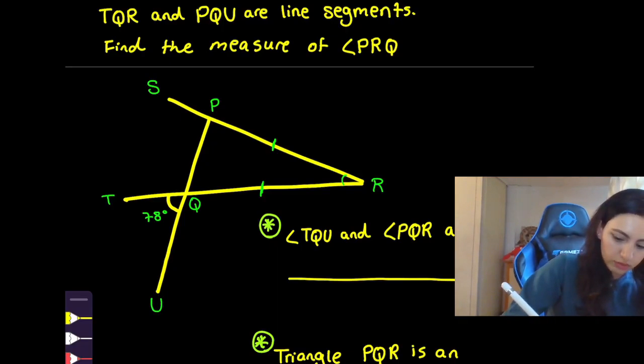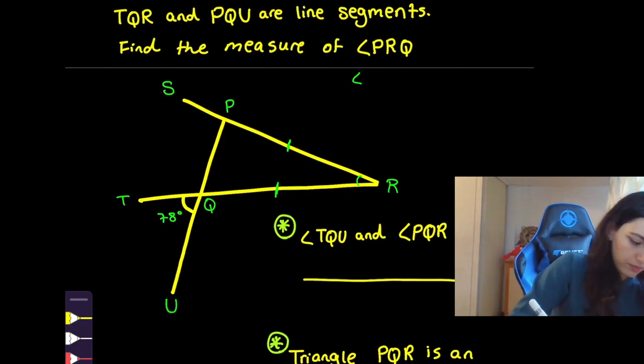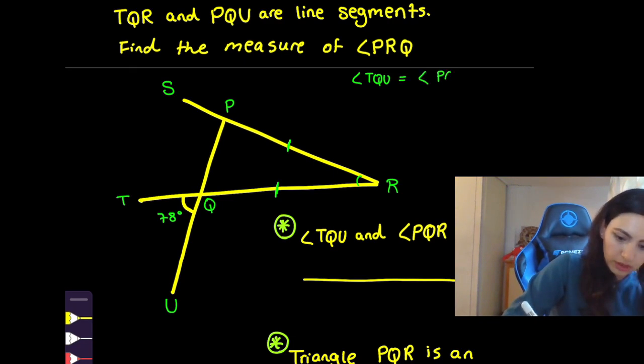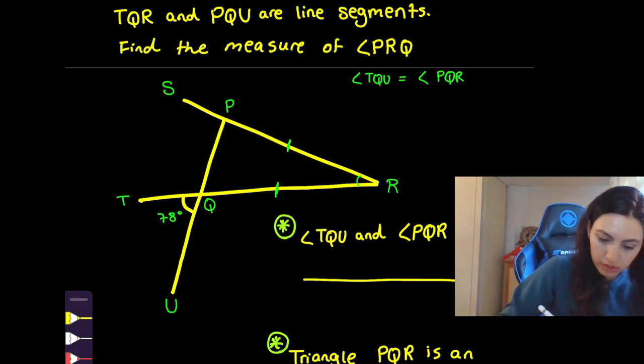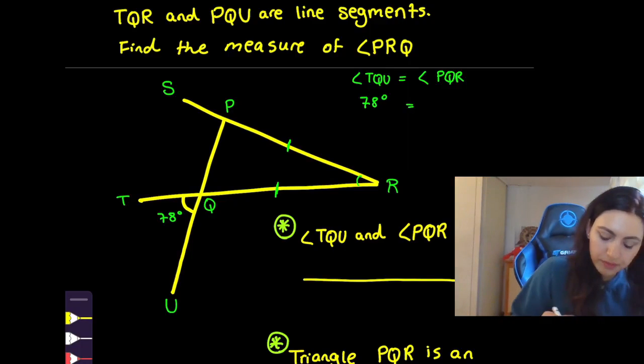So in order to find angle PQR, we say angle TQU equals angle PQR. TQU is how much? It is 78 degrees, which is equal to PQR.